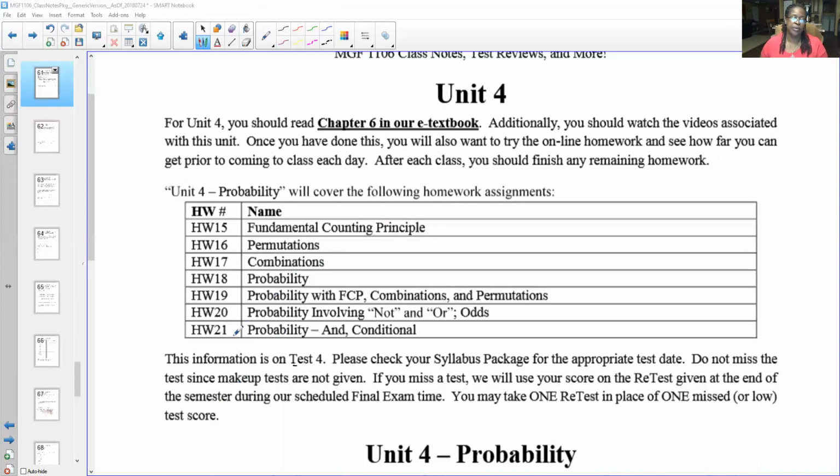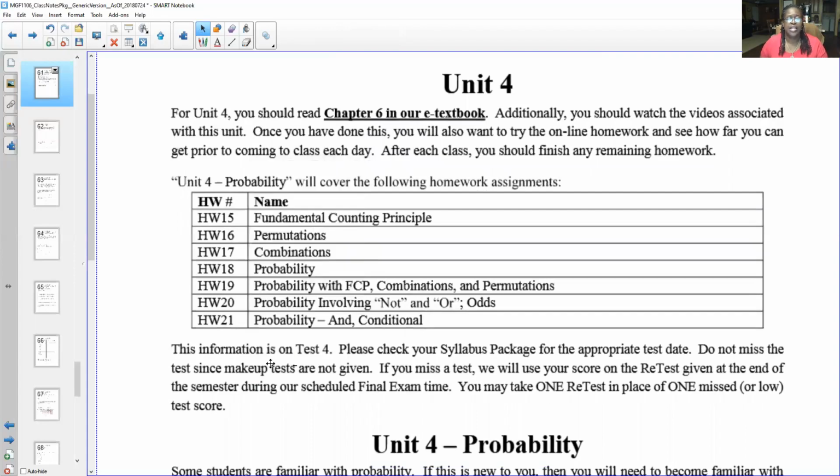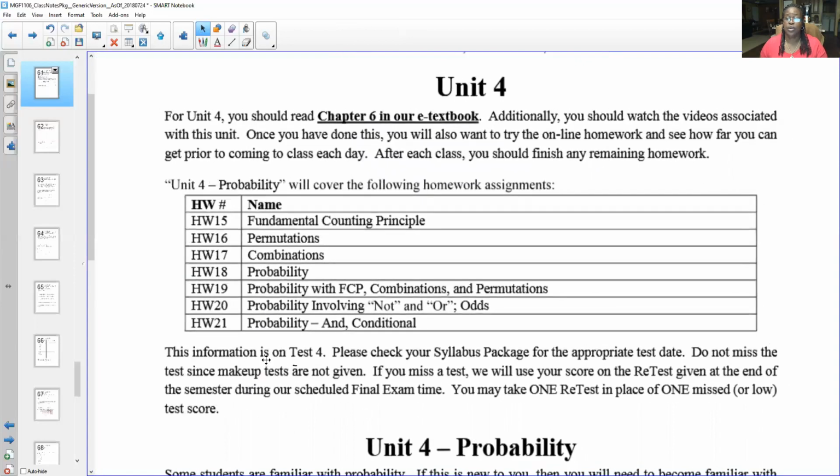So we're going to be looking at these different things. You're going to need your calculator for sure as you're working through the homework, so make sure that you have your calculator. As we're finding these things on the calculator, I will do my best to explain to the best of my ability where these things are located on your calculator.